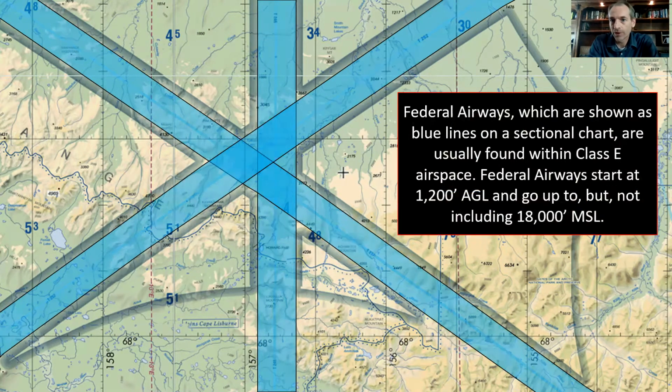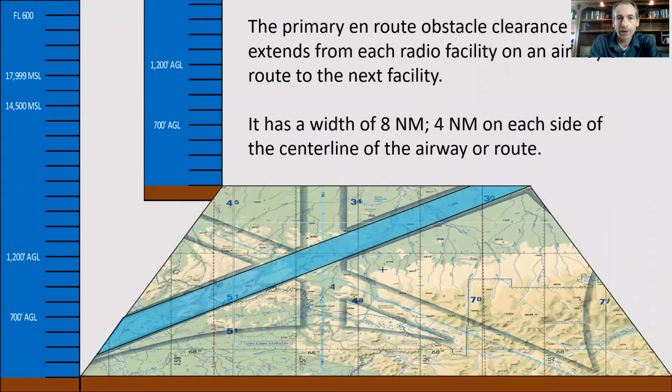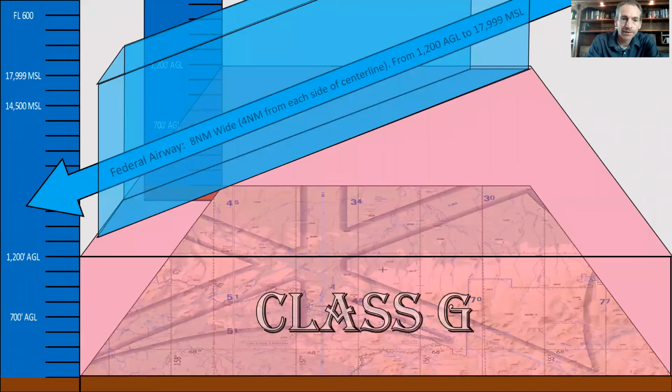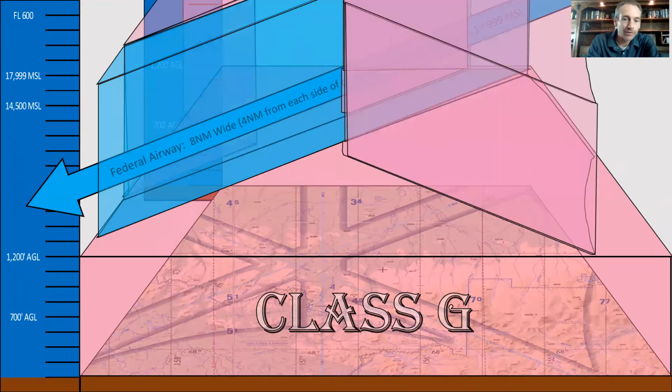So these federal airways cut straight through that Class G airspace. Those federal airways have a width of 8 nautical miles. It's 4 nautical miles on each side of the center line. All right. So as you can see here, it cuts straight through that Class G, and it makes that really interesting pattern on your sectional chart.